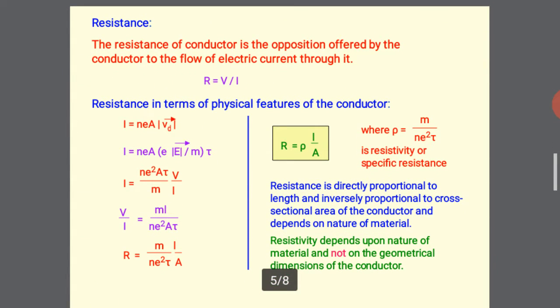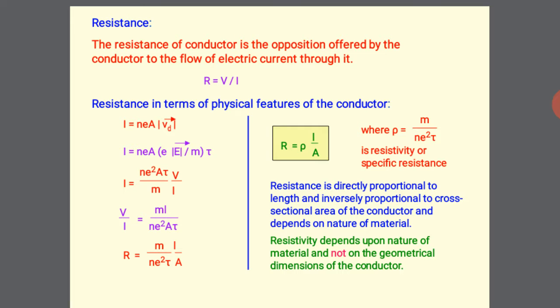Now next is resistance. The resistance of a conductor is the opposition offered by the conductor to flow of electric current through it. It can be written as R = V/I. Here another formula for resistance is given in terms of physical features of a conductor.